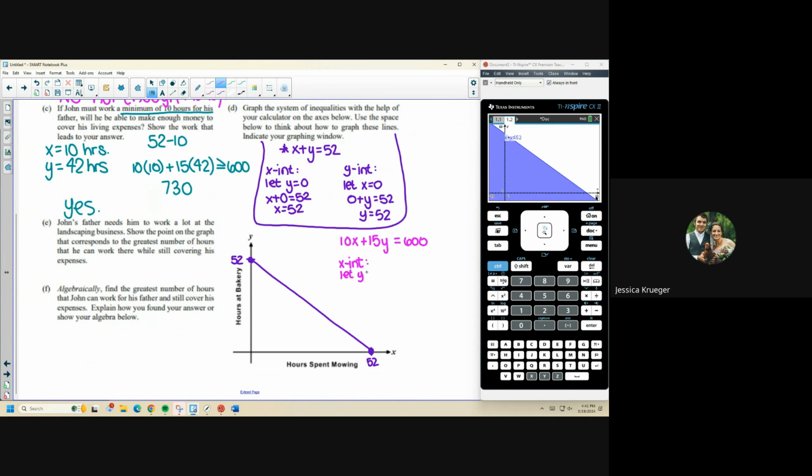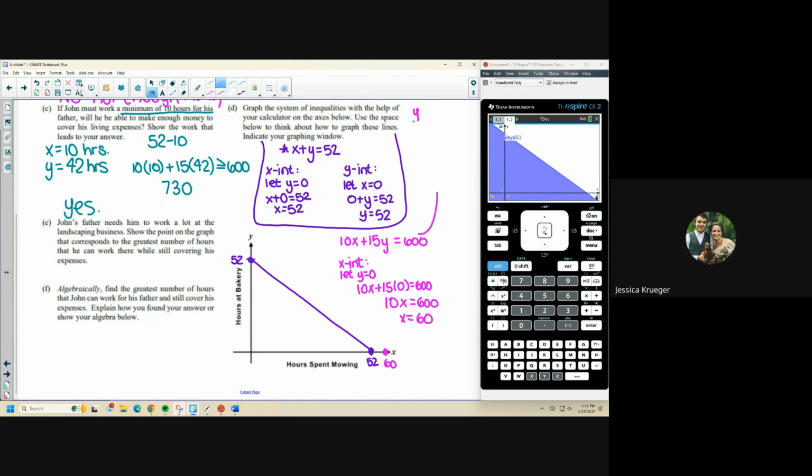So I'm going to have 10x plus 15 times 0 equals 600. So that means 10x equals 600, and x would be 60. So for my second line, I'm going to go out to 60 on my x-axis, and that's my x-intercept.